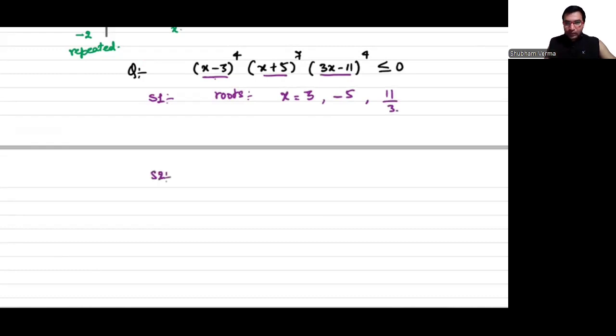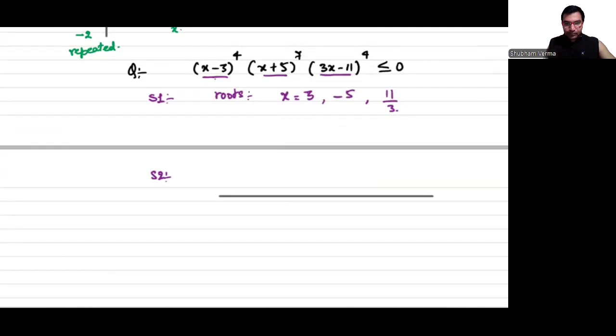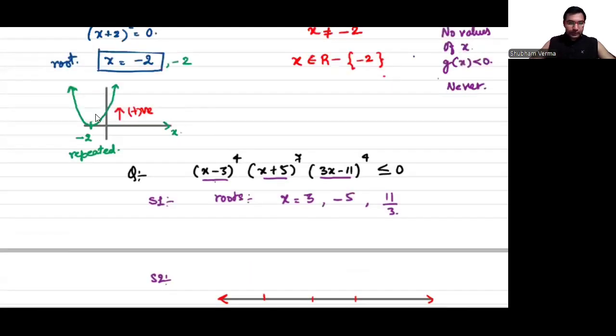Now, what is the next thing? Step 2. Plot them on the number line. Here we have -5, and then we have 3, and then we have 11/3. Obviously, 11/3 is greater than 3. So this is my number line. Now, we have to check for what interval of x my function is negative. So we will use this concept, what we have learned just now.